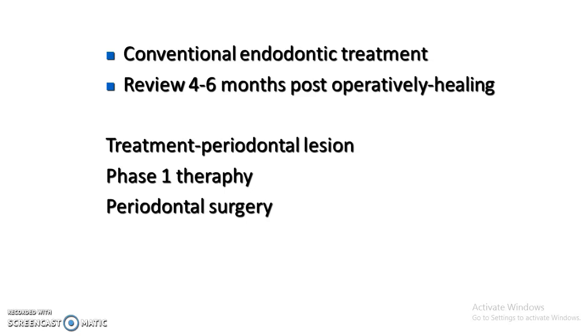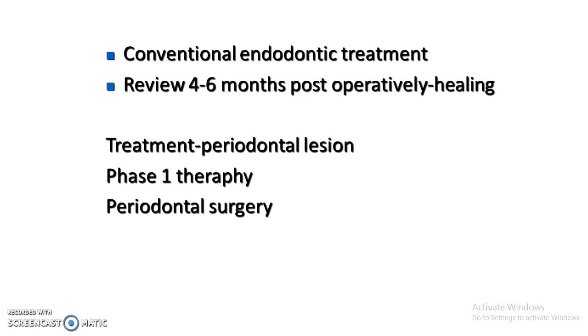Primary periodontal lesion, the prognosis depends upon the periodontal treatment. Primary endodontic and secondary periodontal lesion, it depends upon the endodontic and periodontal treatment and the patient response. And primary periodontal and secondary endodontic lesion, the prognosis depends upon the severity of the periodontal disease and periodontal tissue response to the treatment.